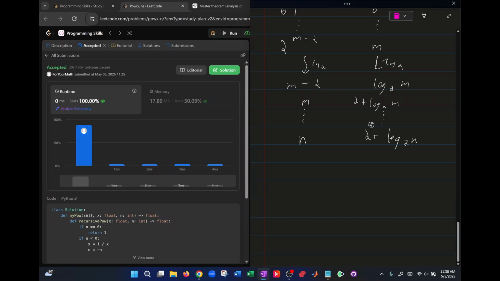This algorithm is theta of log n, and the last algorithm that we did, where we were just looping through n, was linear, because you would do the multiplication precisely n times, and so the algorithmic complexity was linear in n.